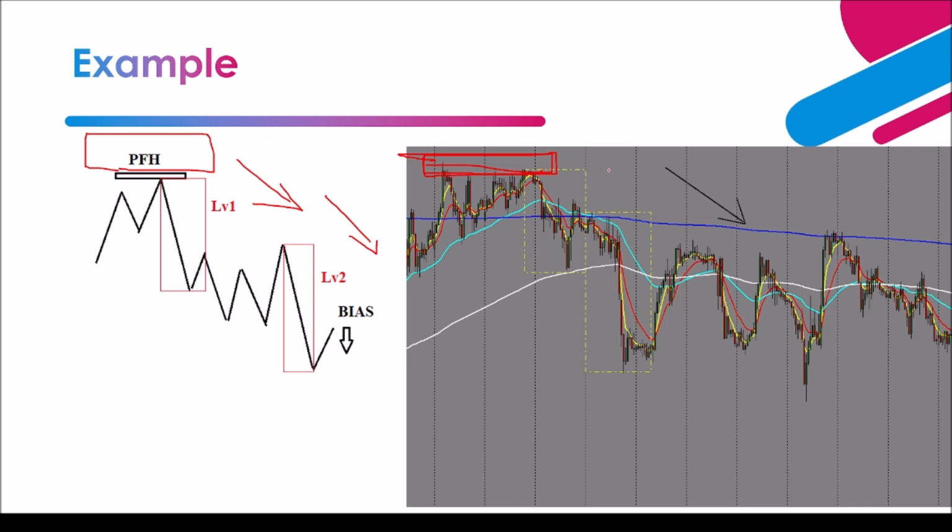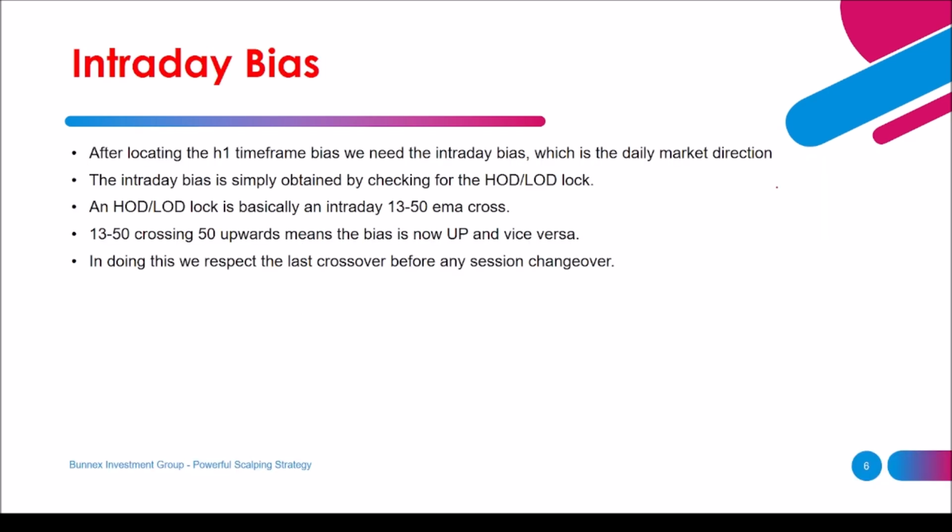So in this case, our bias is this one. This is our bias from this arrow, and that is how we determine the market bias or the market direction, right? After locating the H1 time frame bias, we now need the intraday bias, which is the daily market direction.